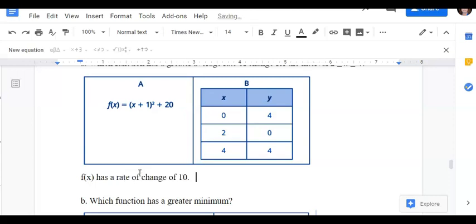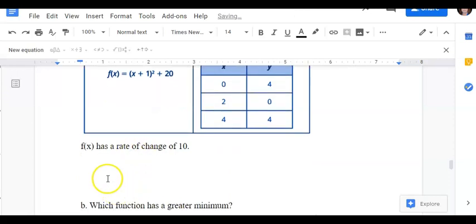All right, so now let's do the rate of change for b. B is just y equals and doesn't have f of x equals. So we're going to go from 2 to 4. So we'll take the 4 minus the 0. Yeah, that's right.